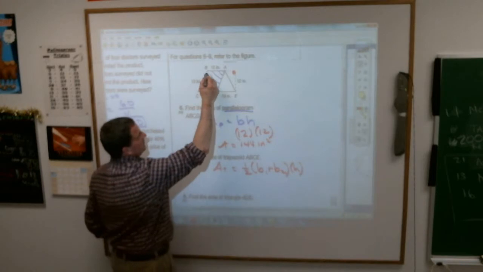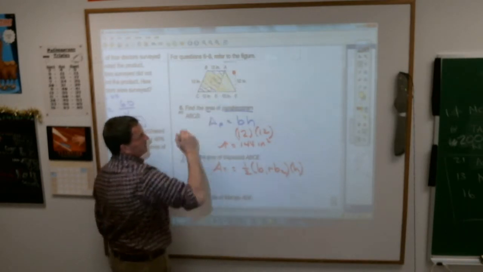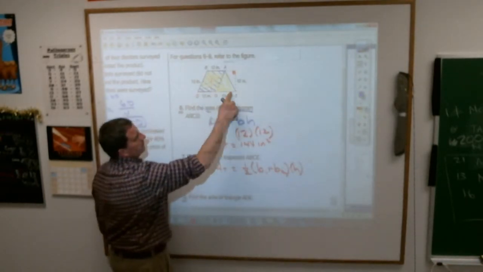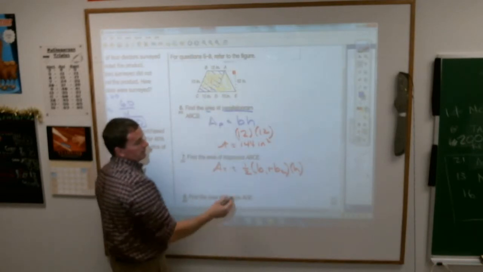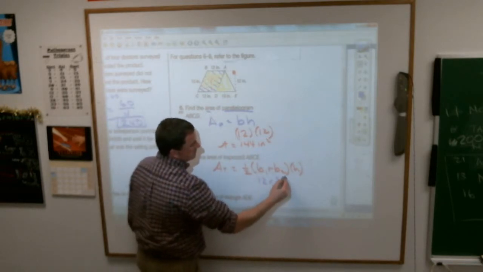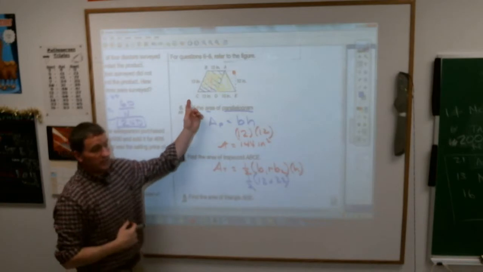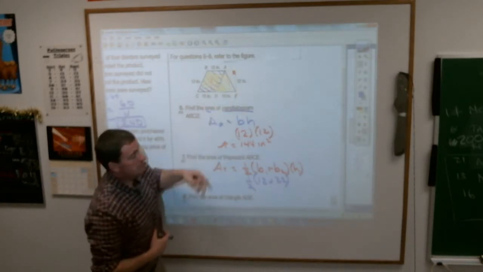Exactly. Now I'm looking at this whole shape right here, the trapezoid. And the ones that are parallel are this 12-inch line and this whole line down here, which you have to do a little math to figure out. 12 inches plus 10 and 12 is 22 inches. Again, though, the height has to be perpendicular, so the height is still going to be that same 12.